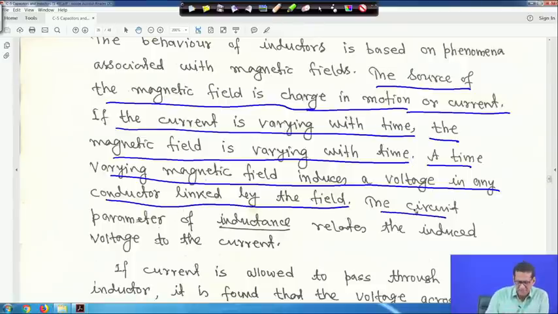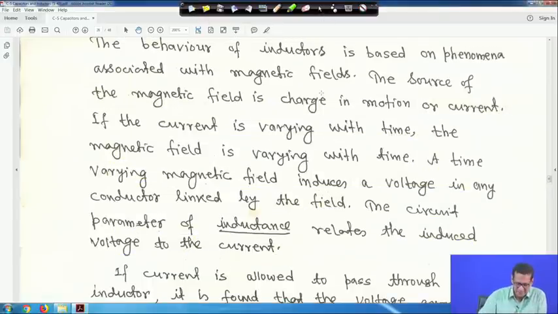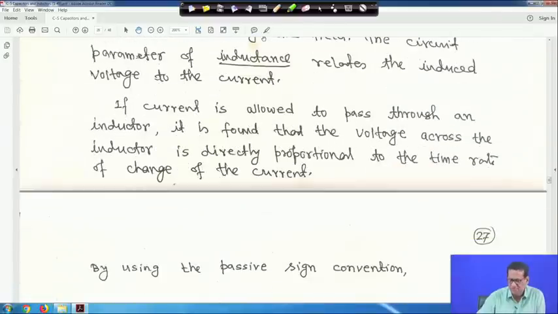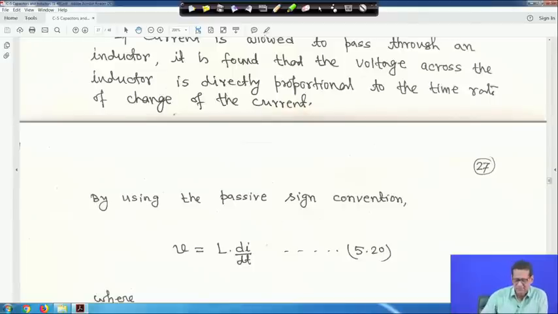The circuit parameter of inductance relates the induced voltage to the current. In general, you know that v is equal to L into di by dt, we will come to that. So, if the current is allowed to pass through an inductor, it is found that the voltage across the inductor is directly proportional to the time rate of change of the current.